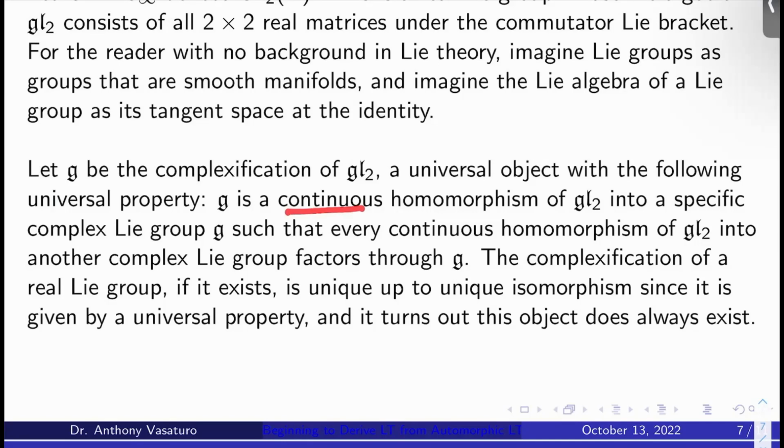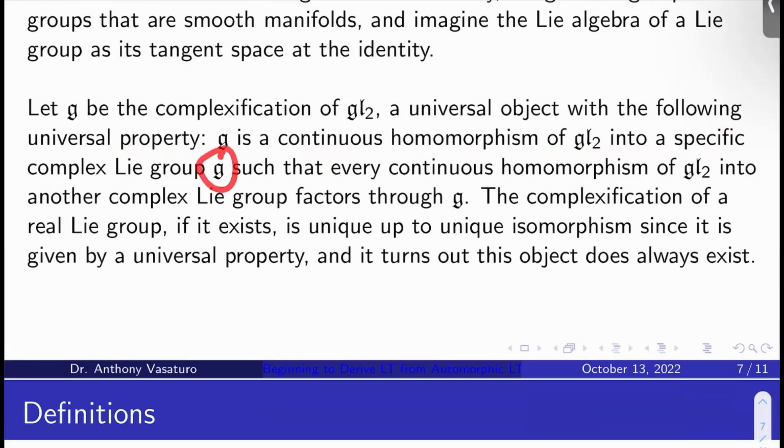Frak g is a continuous homomorphism of GL sub 2 into a specific, now complex, Lie group, which I will also call frak g, such that every continuous homomorphism of GL2 into another complex Lie group factors through g. So I have GL2 into g.